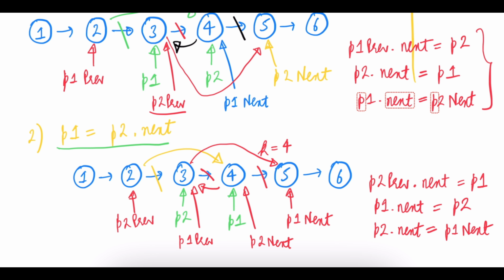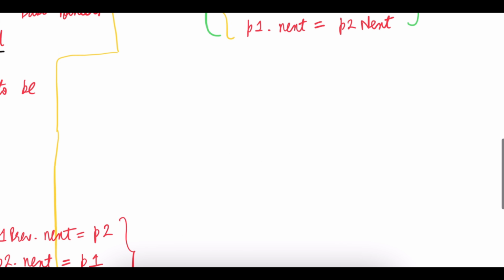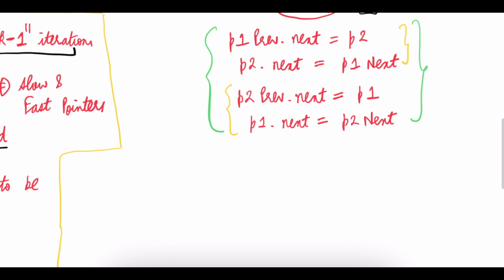So in the code, what it's going to look like, so after we have found p1 and p2, we can simply add if checks.